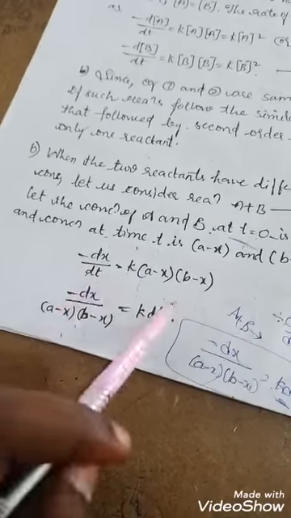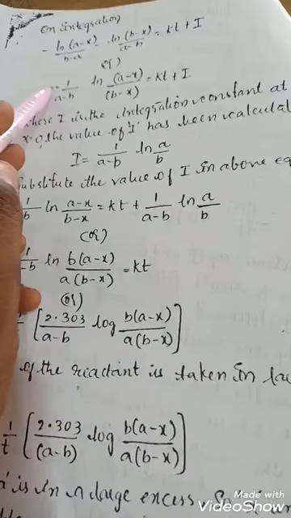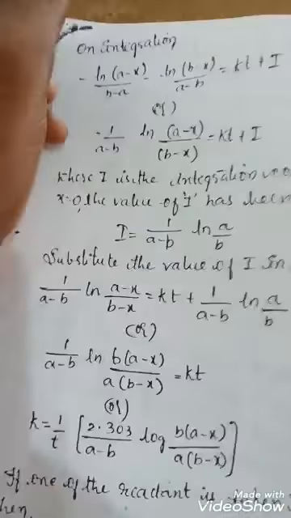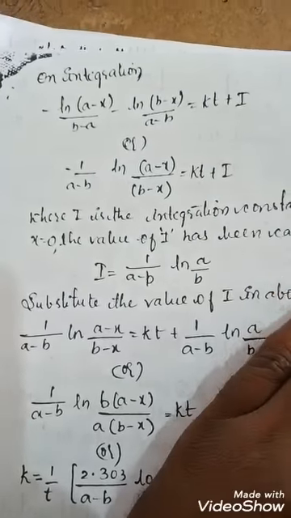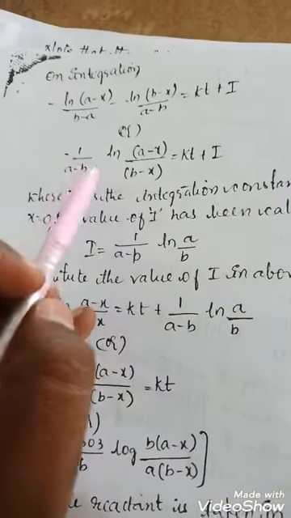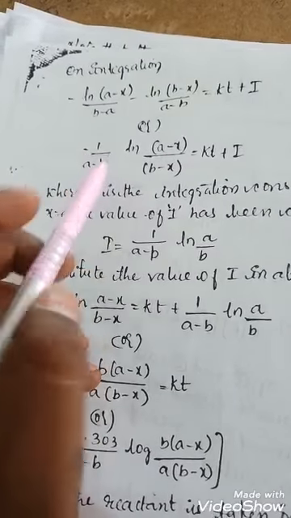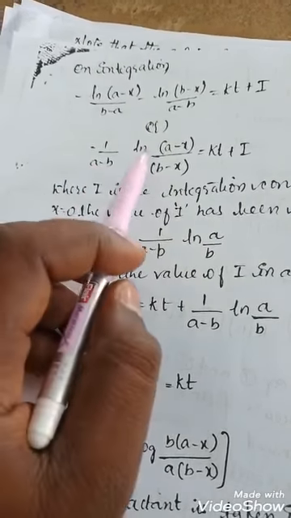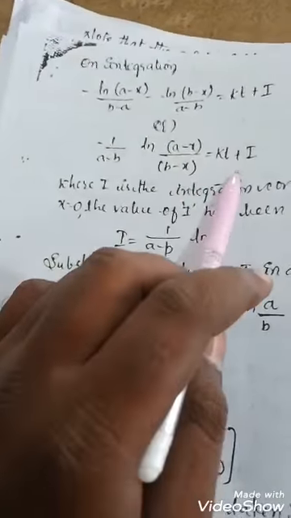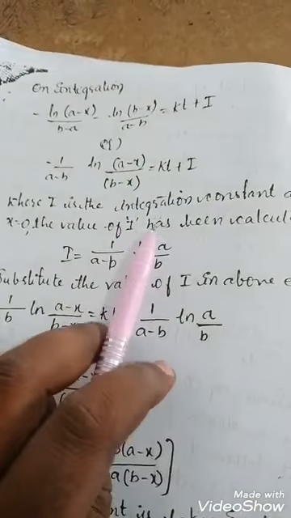On integration, minus 1 by (a minus b) log of (a minus x) by (b minus x) equals kt plus I, where I is the integration constant.